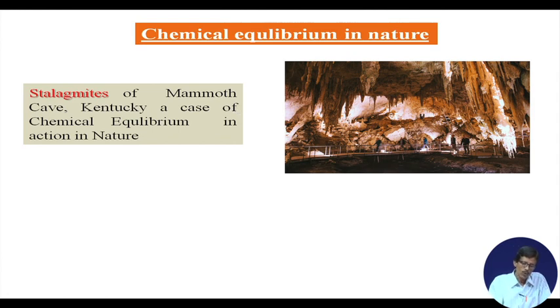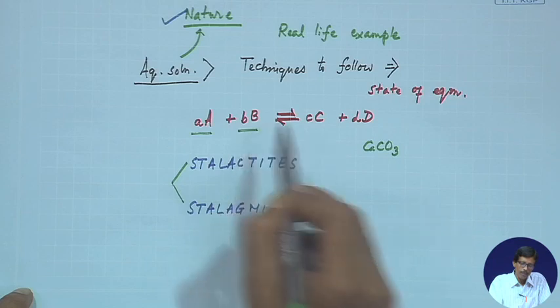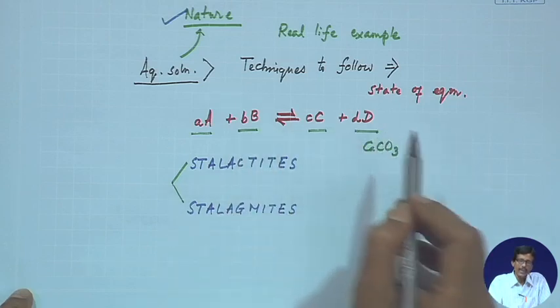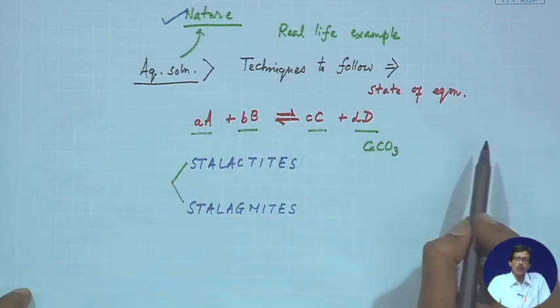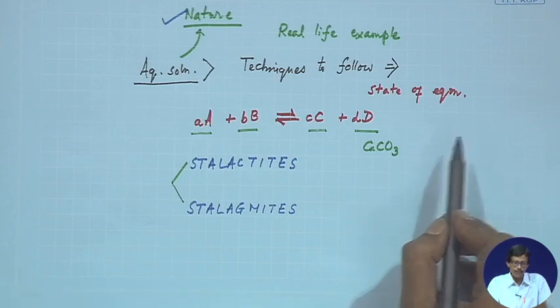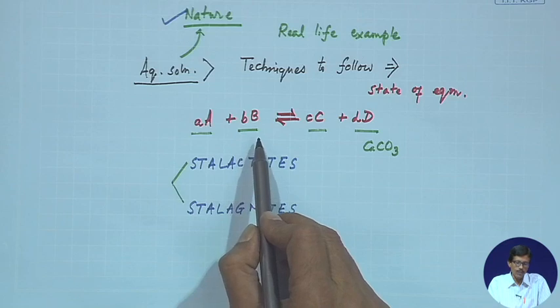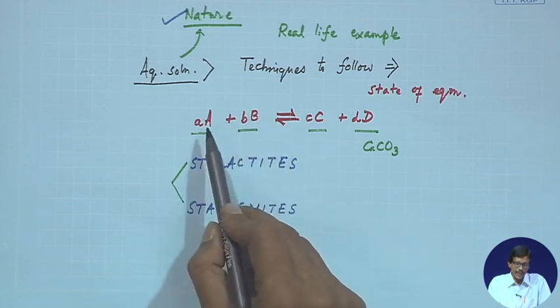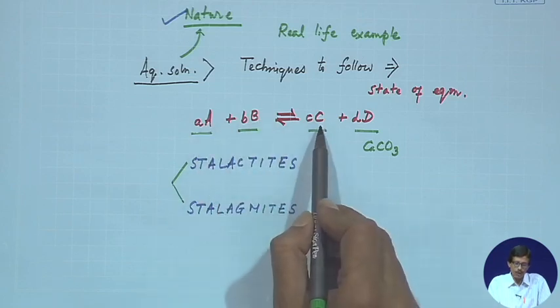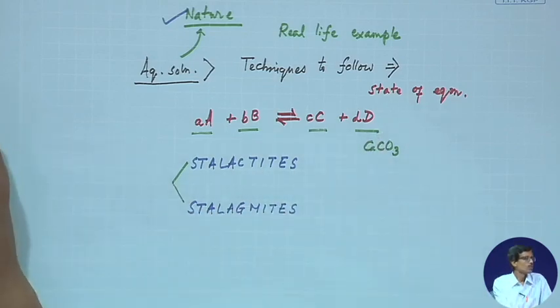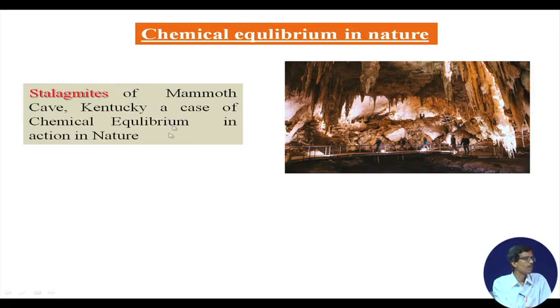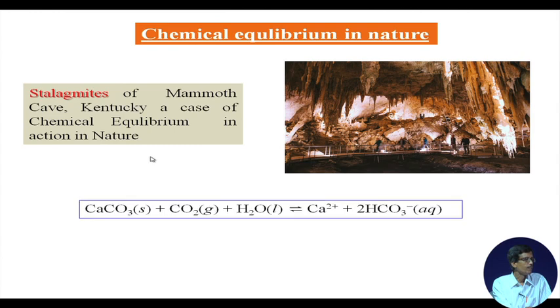As I told you, A and B are there forming C and D. You can have more than one equilibrium process also, but initially the simplest form of this equilibrium is that A is reacting with B forming C and D. So, for this stalagmite formation, calcium carbonate is reacting with CO2 in presence of water.